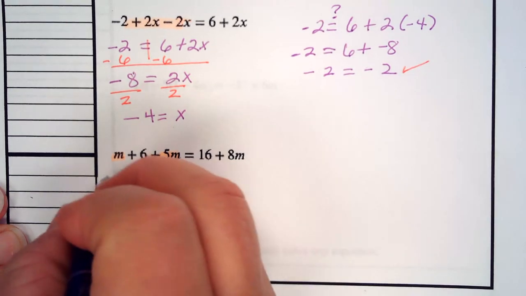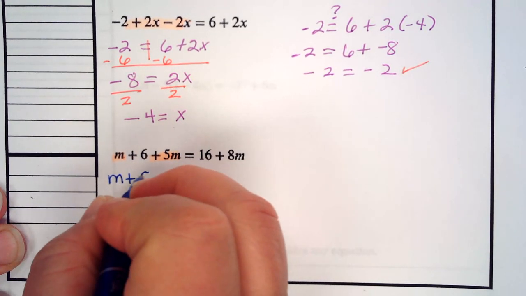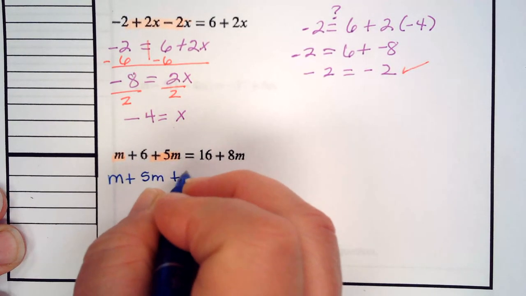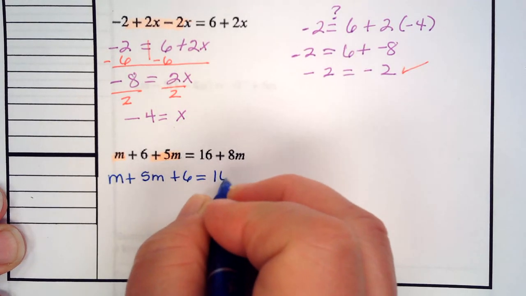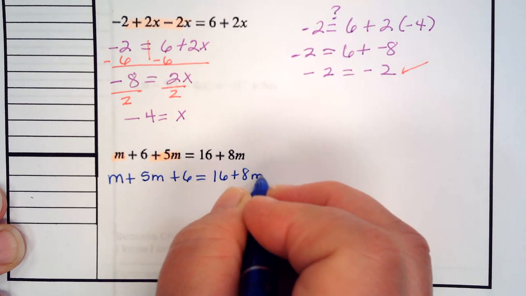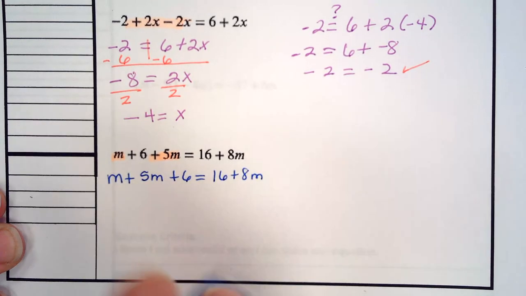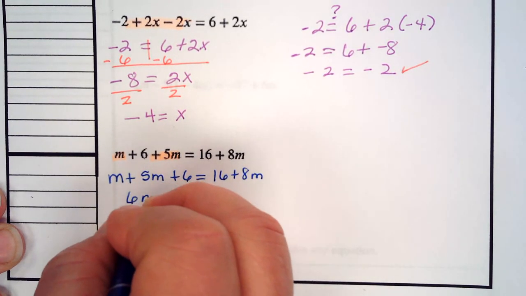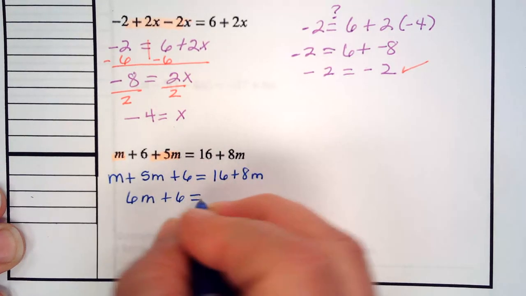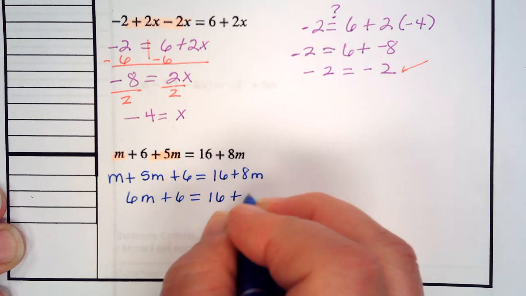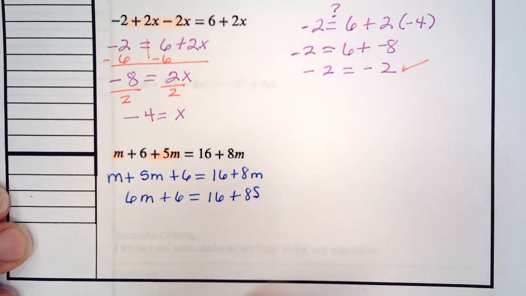So we've got m plus 5m plus 6 is equal to 16 plus 8m. 1m plus 5m is 6m, plus 6 is equal to 16 plus 8m.